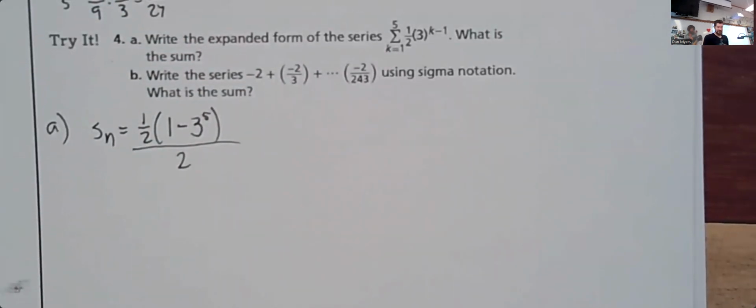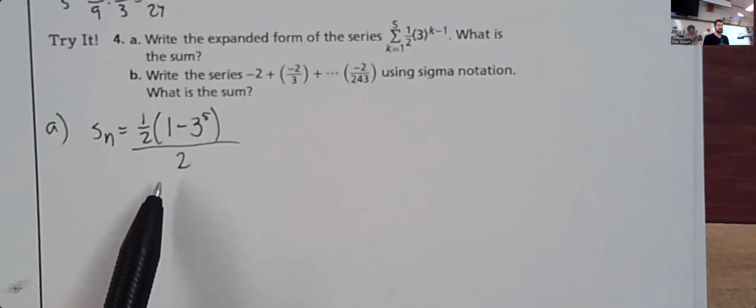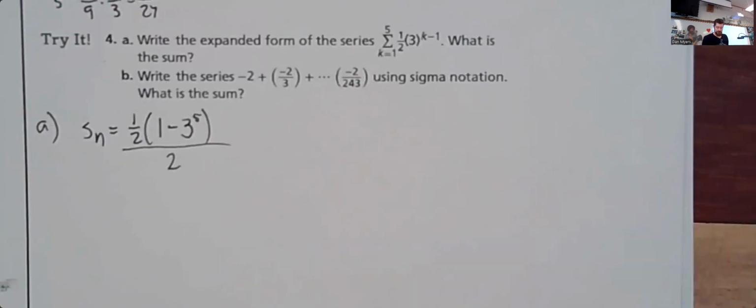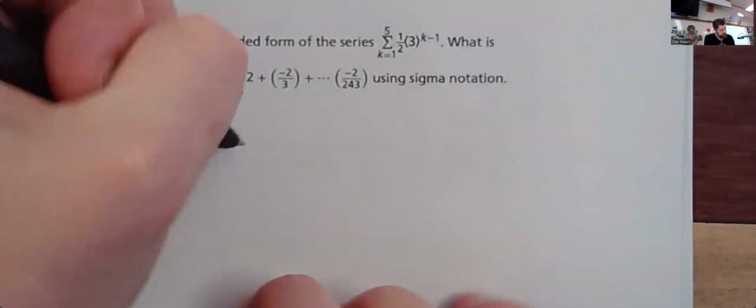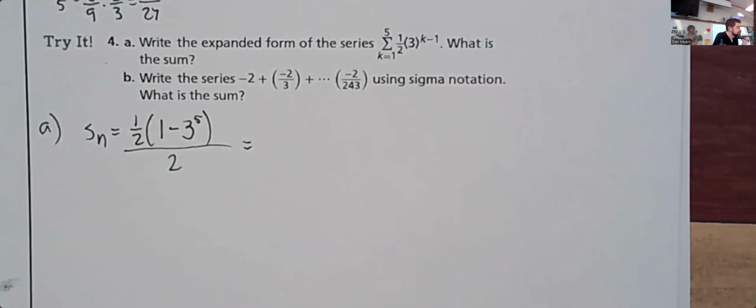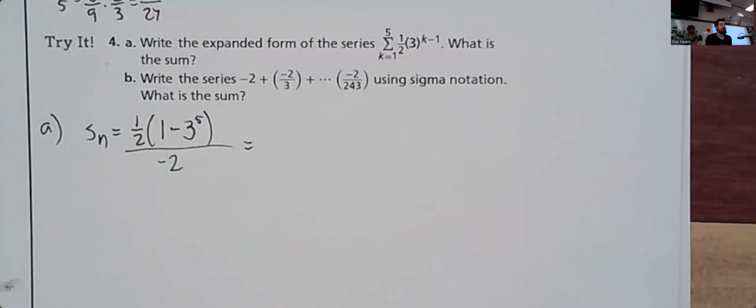Cool. So type it in, give me an answer. Oh, sorry, it'd be -2 on the denominator, wouldn't it? 1 minus 3 would be -2.